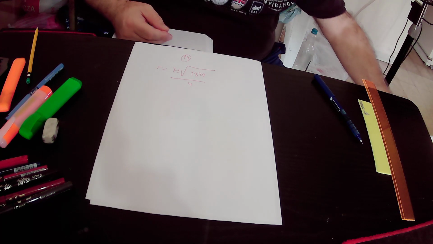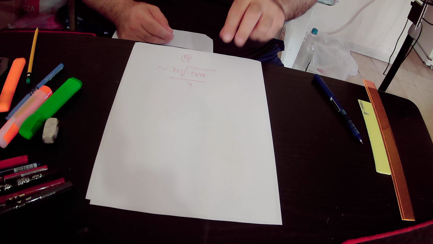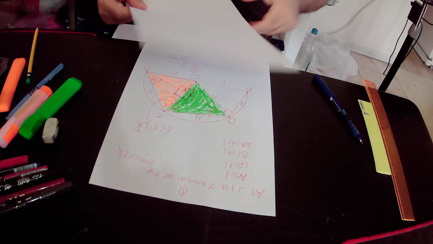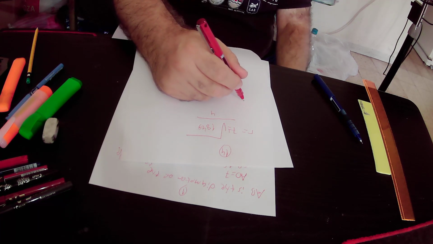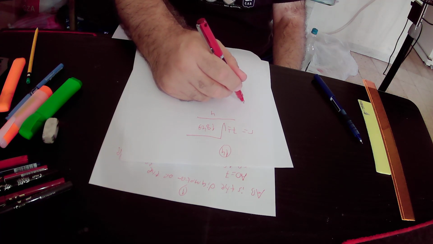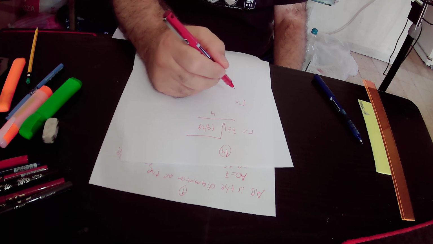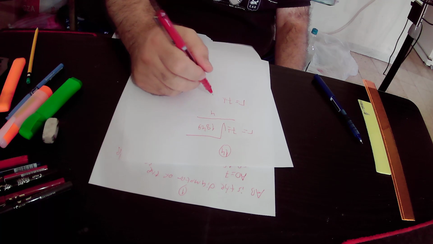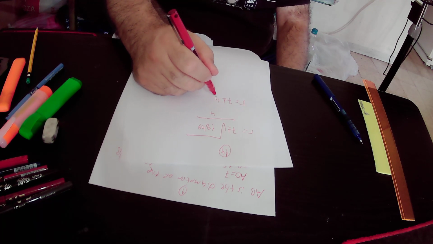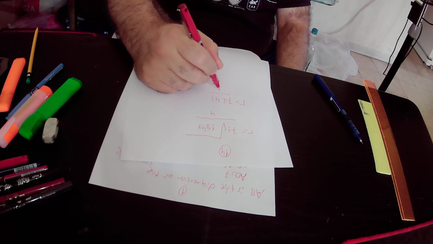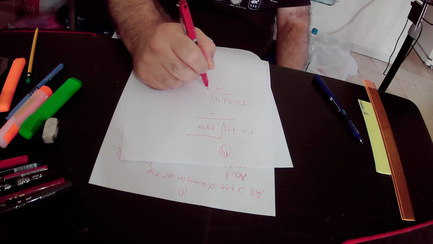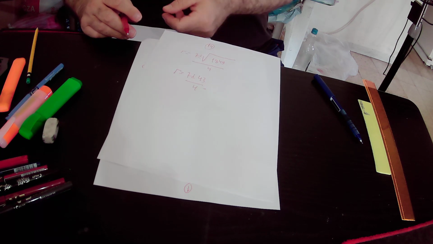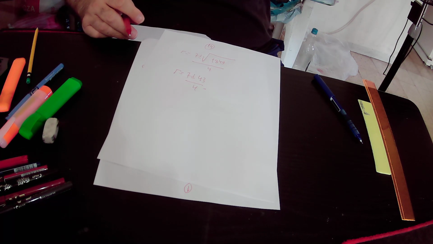The root of 1849 is 43, so I write it down. R equals 7 plus or minus 43 over 4.